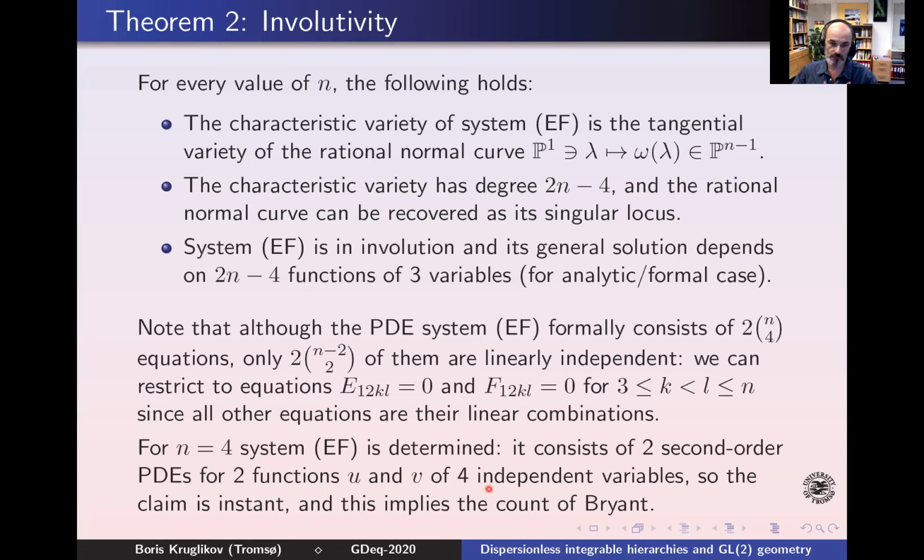So this was derived previously by Bryant when he considered involutive GL2 structures related to exceptional holonomy, but he was doing this through EDS theory. Okay, so here when we do this parameterization, it just becomes Cauchy-Kovalevskaya theory.